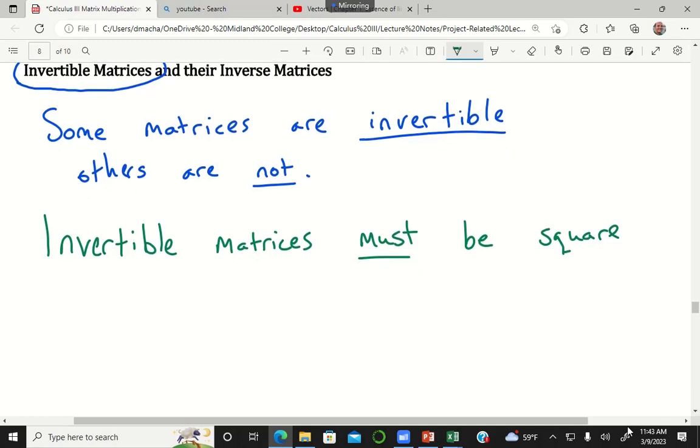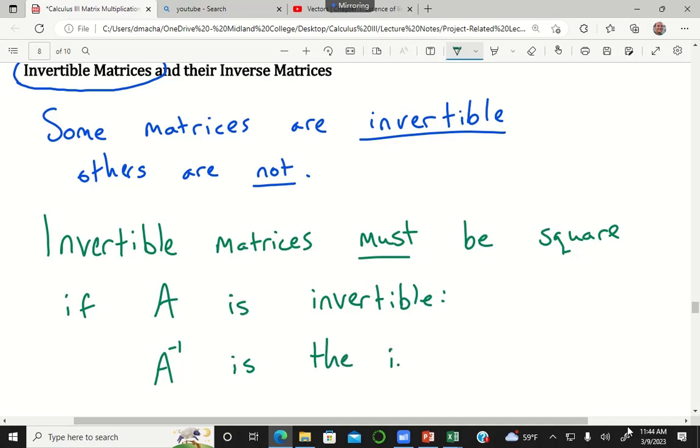If your matrix is invertible, if A is invertible, then we denote the inverse matrix with a little superscript -1.